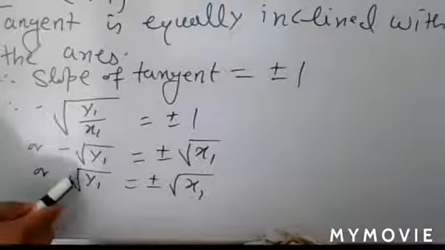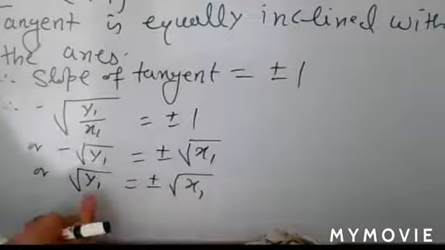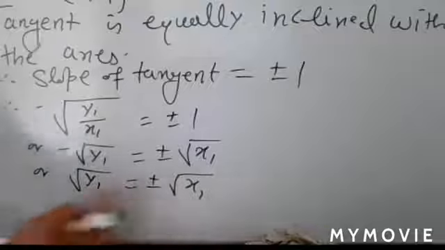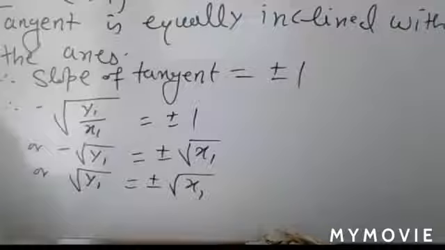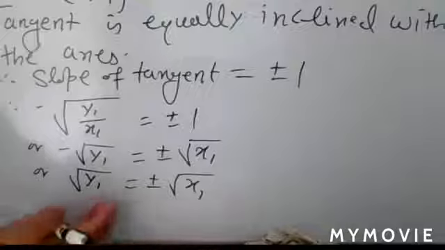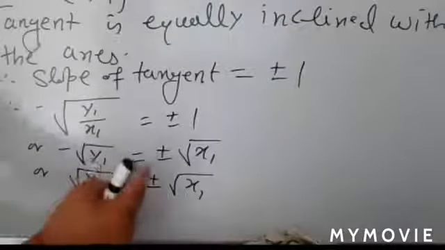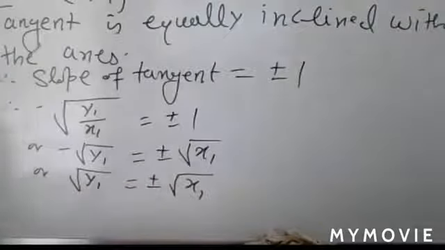So if you remove it, either you write here minus plus, means under root y1 is equal to minus plus under root x1, or you write here plus minus under root x1, means here you have to use two cases, है ना? तो इससे कोई वैल्यू तो फर्क पड़ेगा नहीं. If you remove it, here you have minus plus times of this one. Clear? So you have to take here two cases, है ना?